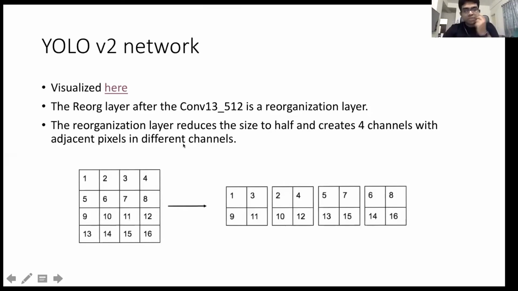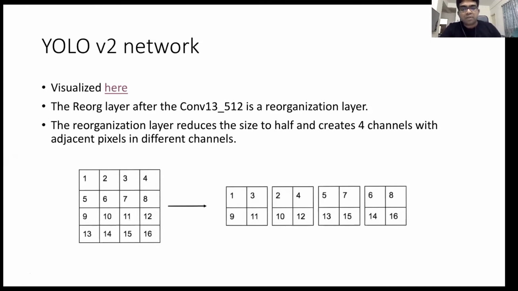So what the reorganization layer does is that, let's say we have a convolution feature map of size 4 by 4. It takes the alternating pixels and puts them into a different channel. So here, if you see the example of 1, 2, 3, 4 up to 16, it created 4 channels out of this one channel, and each channel would have alternating pixels. 1, 3, 9, 11 is alternating, 2, 4, 10, 12.